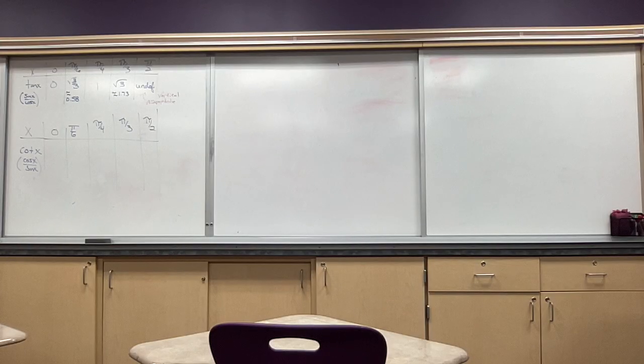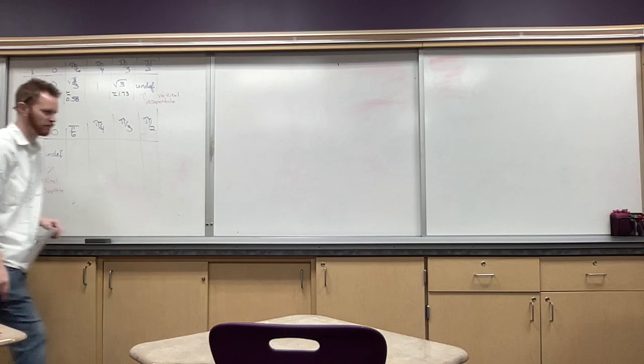Okay, now below, if it's the reciprocal, we're just flipping some values here. So this is now going to be undefined. And again, that's telling me this will be a vertical asymptote.